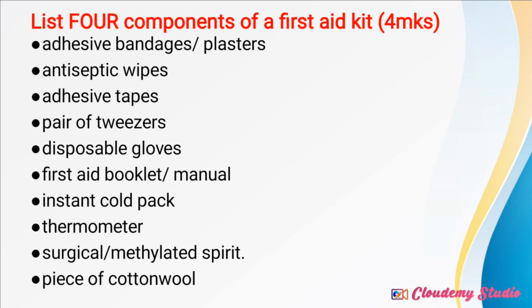Then next we have a pair of tweezers. So we have a pair of tweezers that you're using when performing a minor surgery, and you're trying to seal the wound by the use of a pair of tweezers. Then you have disposable gloves. That's also another keyword. People are saying gloves.